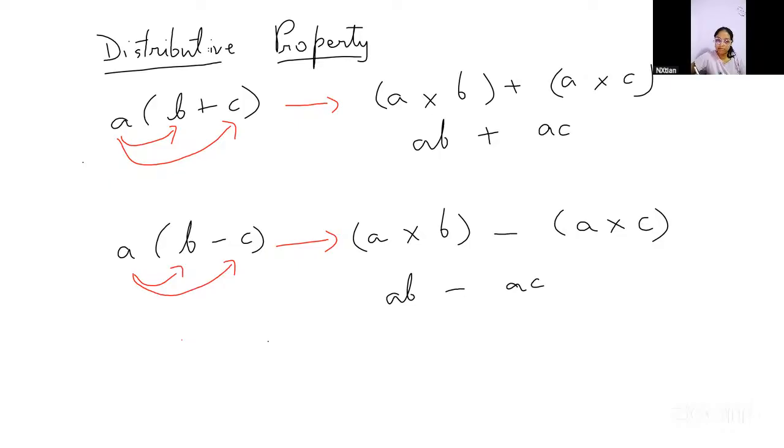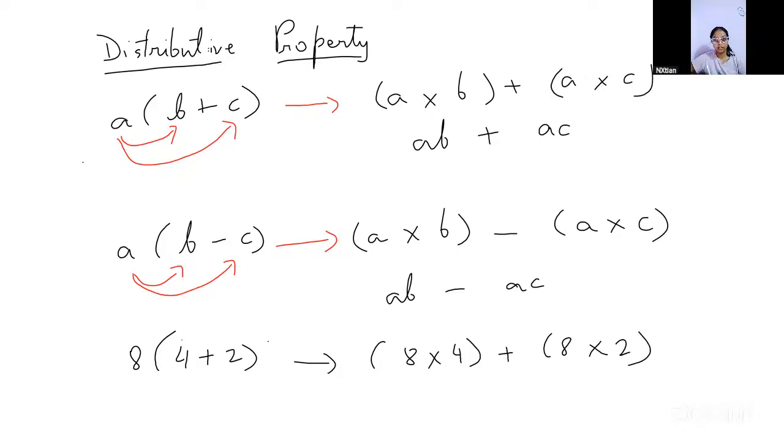For example, I have 8(4 plus 2). So what I will do? I will do 8 multiplied by 4 plus 8 multiplied by 2, and then I solve it. Solve it, tell me. 8 fours are?